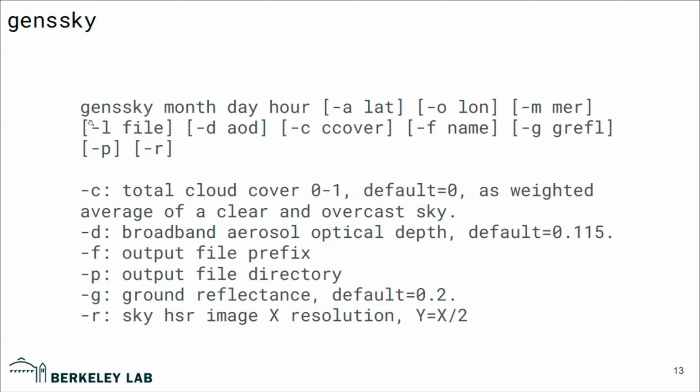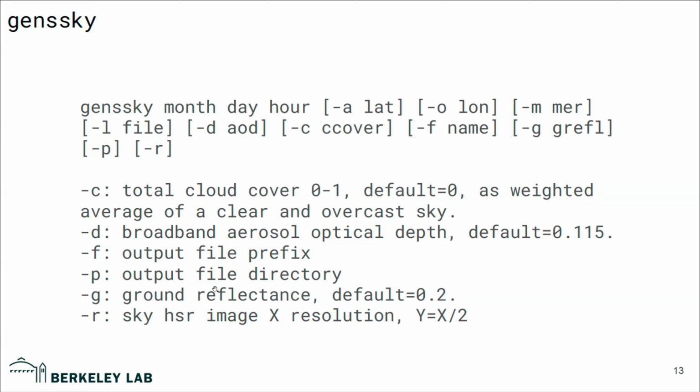Essentially, if you run GenSky in the same latitude range and same seasonal range, it will go look in that directory and try to find the correct data files. If you already pre-computed before, it's just going to grab those and use them directly. If it can't find them, it's going to do the whole pre-computation again.